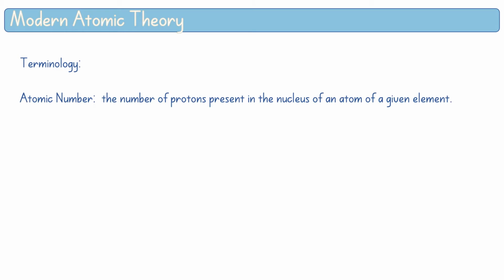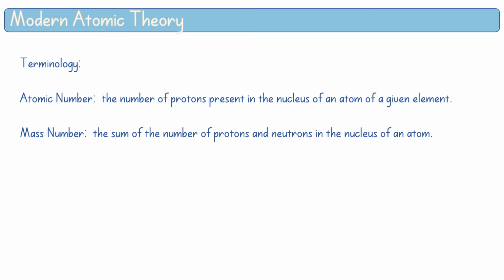The atomic number is the number of protons present in the nucleus of an atom of a given element. The mass number is the sum of the protons and the neutrons in the nucleus of an atom.